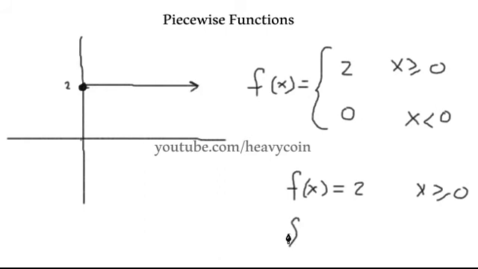And then of course let's graph f of x is equal to 0. This time we don't include 0, so I'm going to put a hole in the graph right here, and it's everything. Now f of x equal to 0, that's actually the x-axis, isn't it?